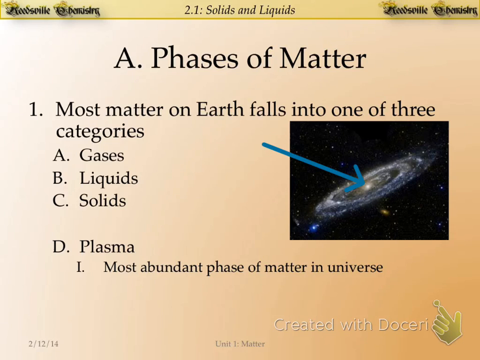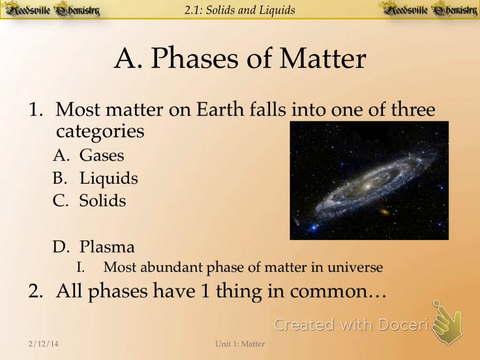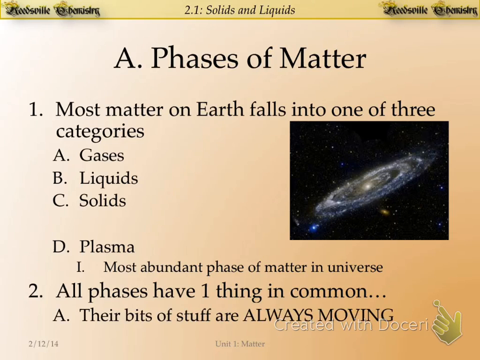And we know that we can fit about 1 million Earths into one sun. So just think about that. Each star that you're looking at there, hundreds of billions of them, we can fit about 1 million Earths into each one of those stars. And they're all made of plasma. So I think I may have just proven to you that plasma certainly is the most abundant phase in the universe.